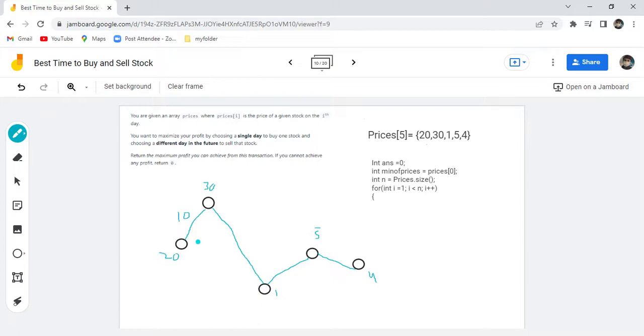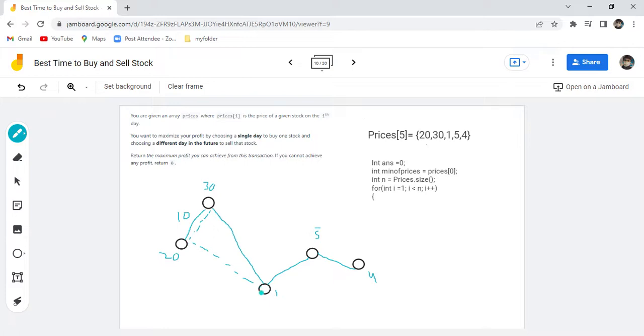Now we will check which value is lesser between 20 and 30. 20 is the lesser value. So first we have checked from 20 to 30 the difference. Now again we will check it from 20 to 1, because 20 is lesser than 30.